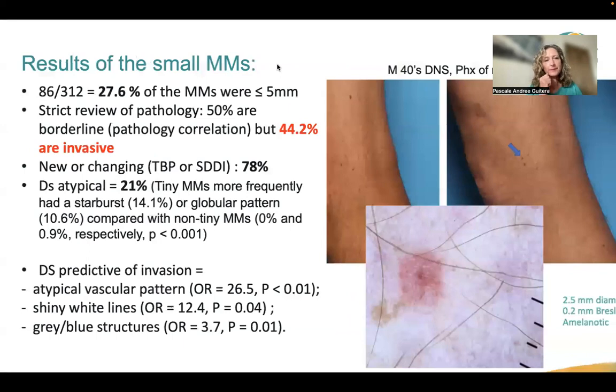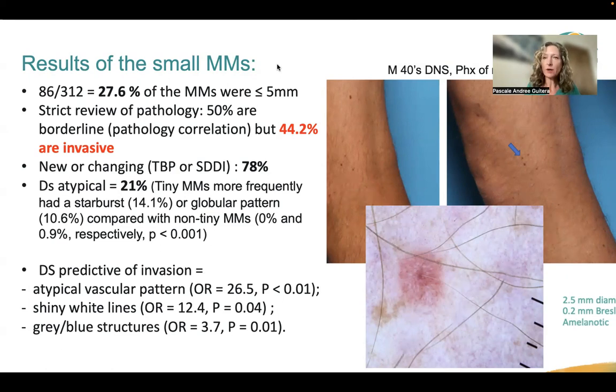So the result. We found that 27.6% of our melanoma were less than 5 millimeter. With this strict review of pathology, 50% were borderline, but 44.2% were already invasive at this size. 78% were found only on the image, SDDI or TBP, because they were new or changing, so we removed them, and 21% because dermoscopy was atypical.